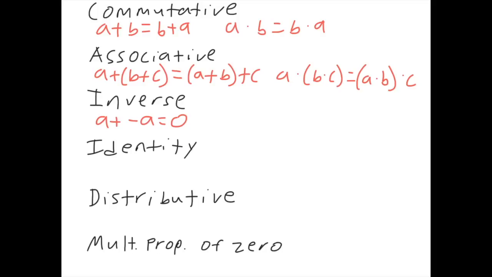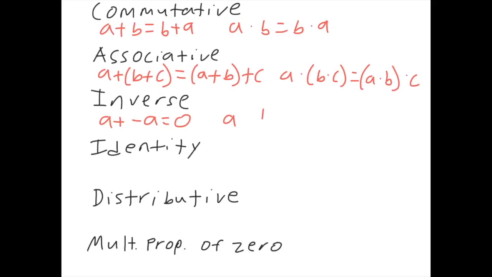If you're talking about multiplication, and you had a number A, the opposite of that is 1 over A. So if you multiplied those 2 together, you would get 1.